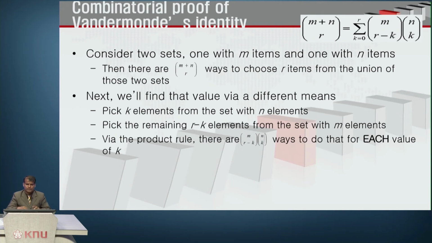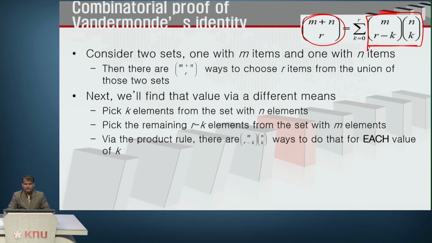So what we are doing is initially trying to define this part, and then you can check this section, m choose r minus k and n choose k.